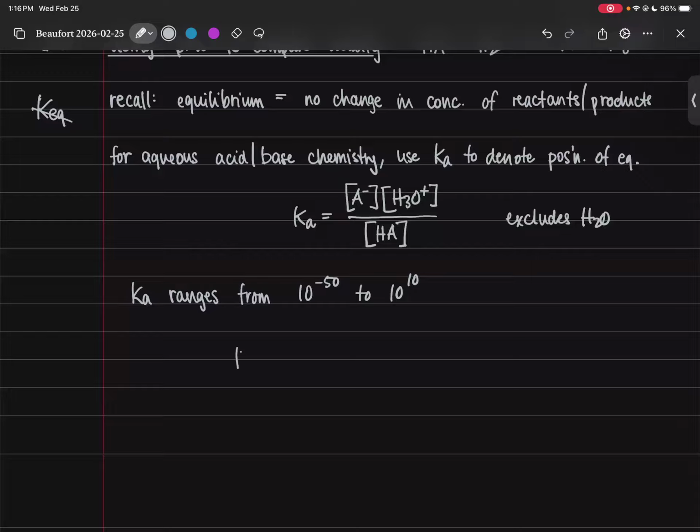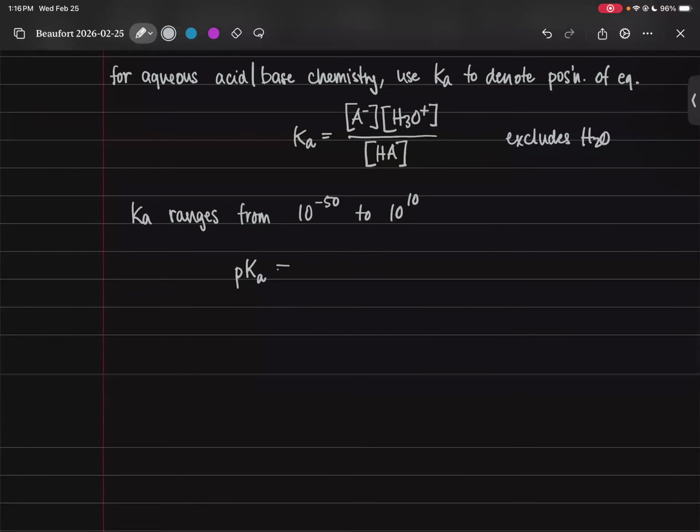By the way, this is lowercase p, capital K, technically it's italicized if you're a typesetting nerd, and lowercase subscript a. But if you just write pKa, I'll know what you're talking about. So pKa, kind of like pH, is negative log of Ka.